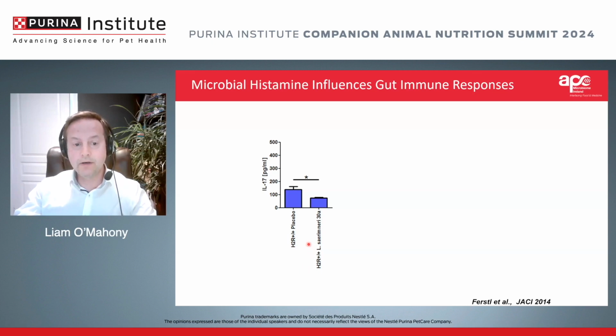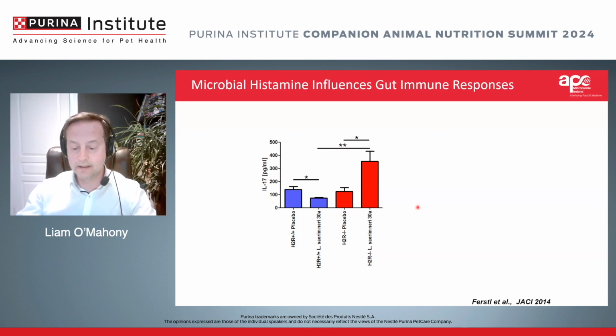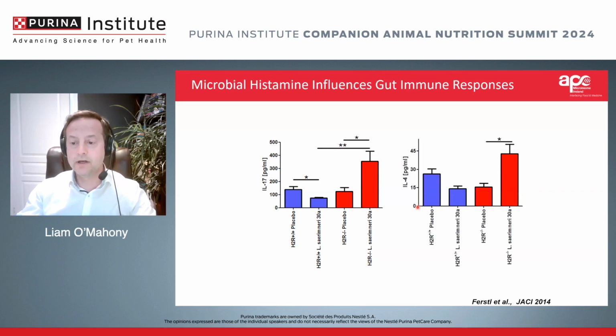And when we looked in the mucosa at IL-17 secretion, you can see there's a decrease in the mice that consumed this lactobacillus. But if we did the same experiment in histamine 2 receptor knockout mice, you see the opposite response. And that was also true if we look at other cytokines like IL-4. So our interpretation here is that the histamine coming from microbes in the gut can have an immunoregulatory effect via the histamine 2 receptor.